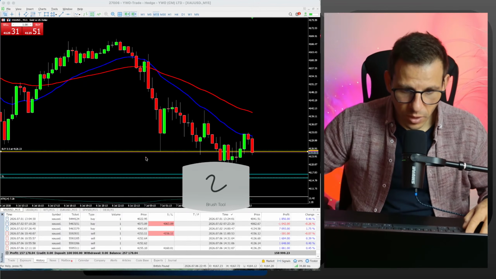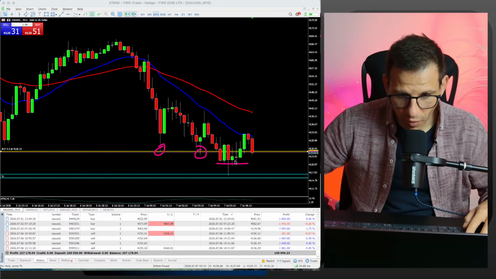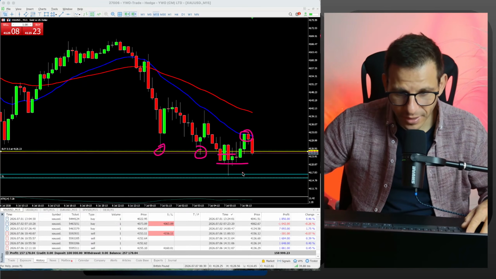I'll show you here. We have one rejection, two rejections, false breakout here, and we came back to the 20. So maybe this can be a potential move to the upside.